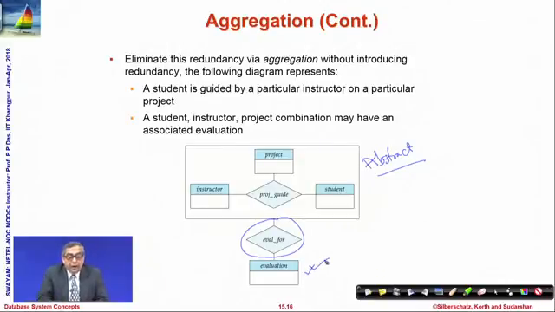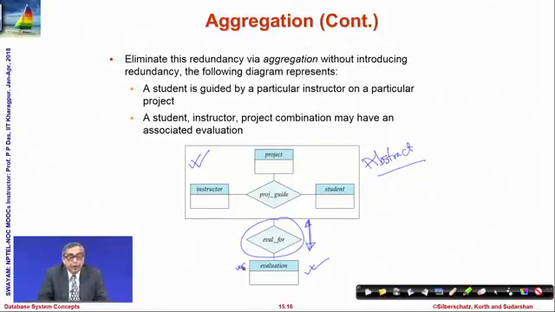So, what will happen is a student guided by a particular instructor on a particular project will feature in this abstract entity set, which relates the 3 entity sets, project, student and instructor. And if it has an evaluation, then through this relationship it will be represented and the evaluation value will exist.